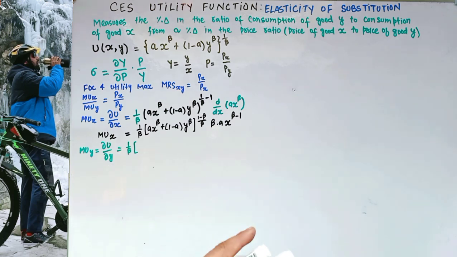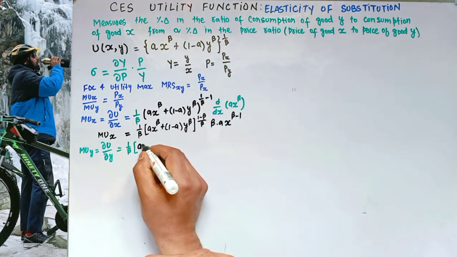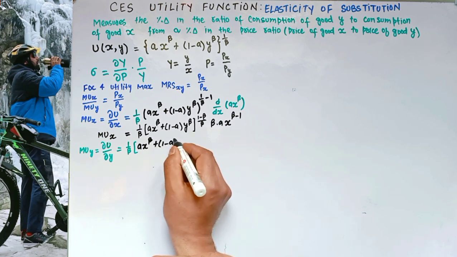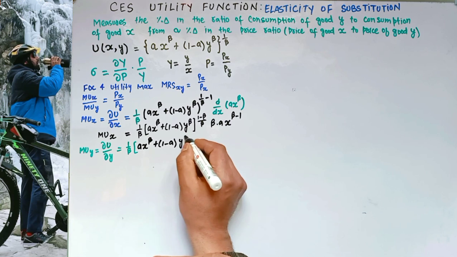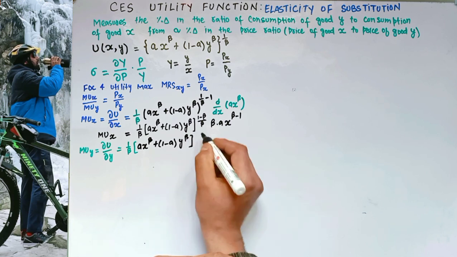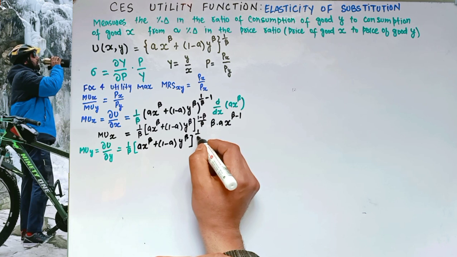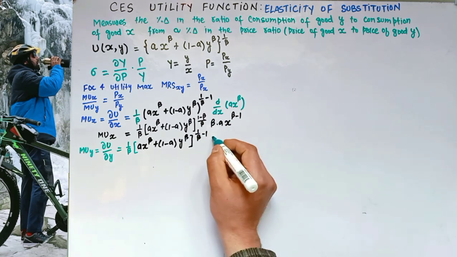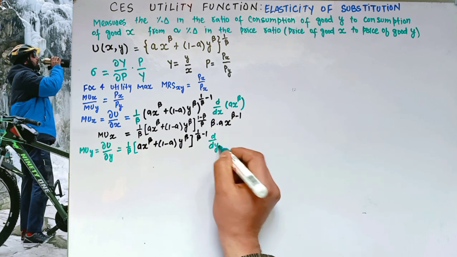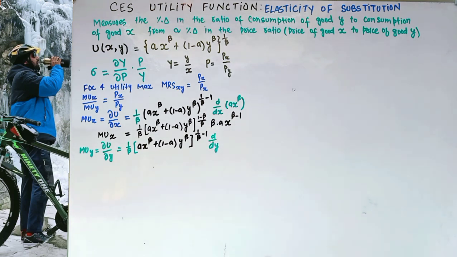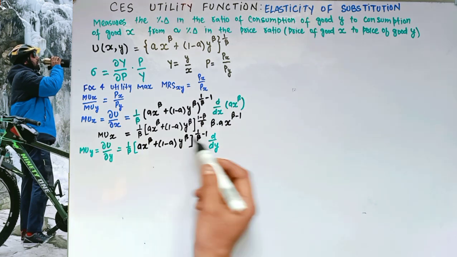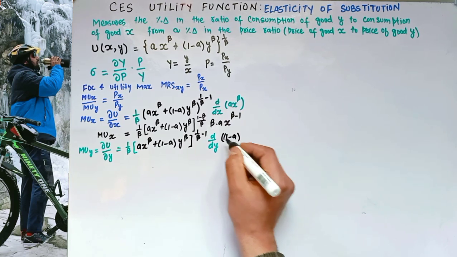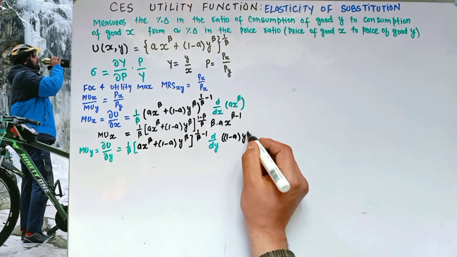Then we have this utility function A X to the power beta plus 1 minus A Y raised to the power beta, whole raised to the power 1 upon beta minus 1, and then we use the chain rule, that is d upon dy this time, and take the derivative of 1 minus A Y raised to the power beta.